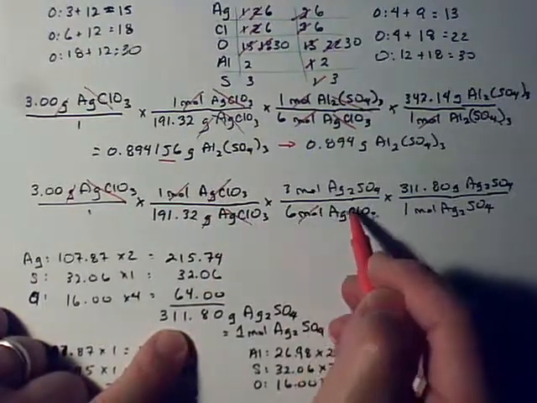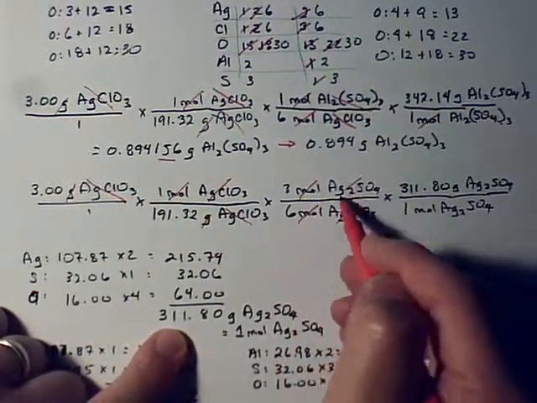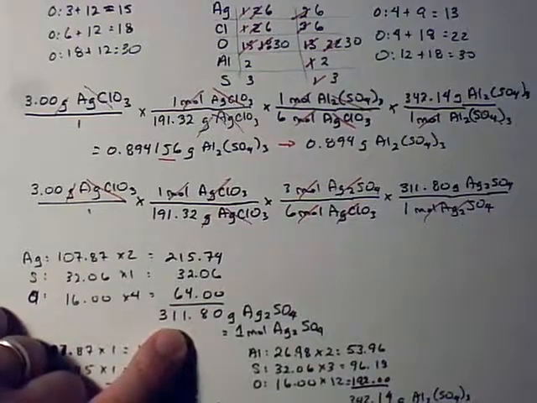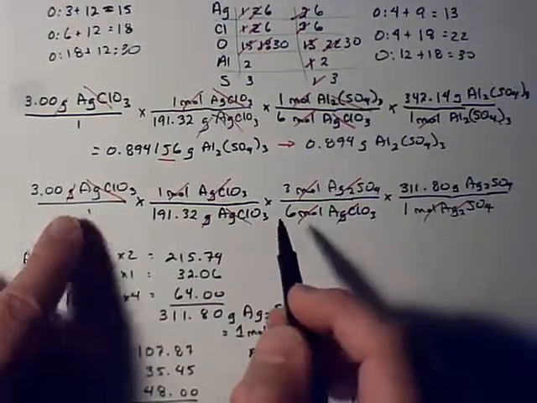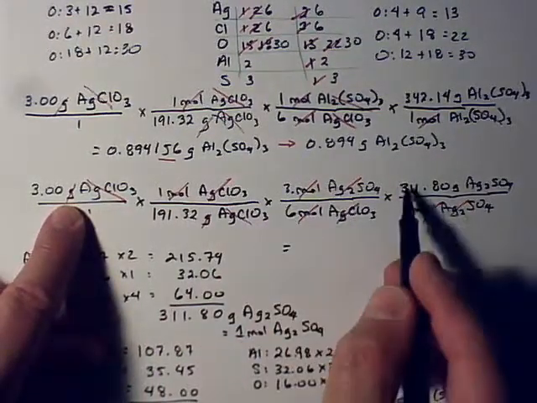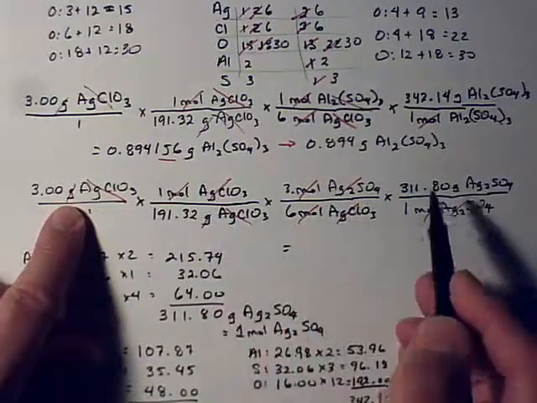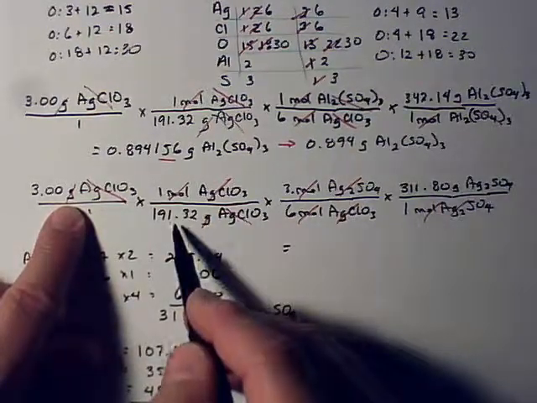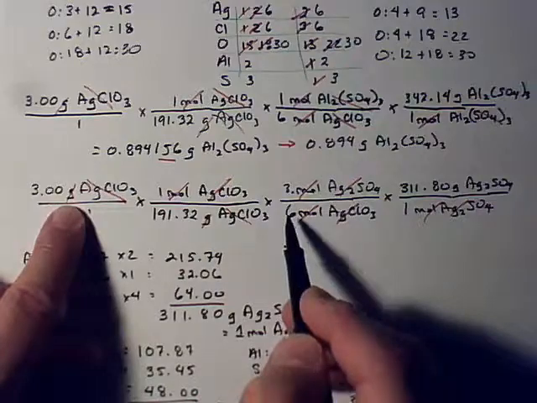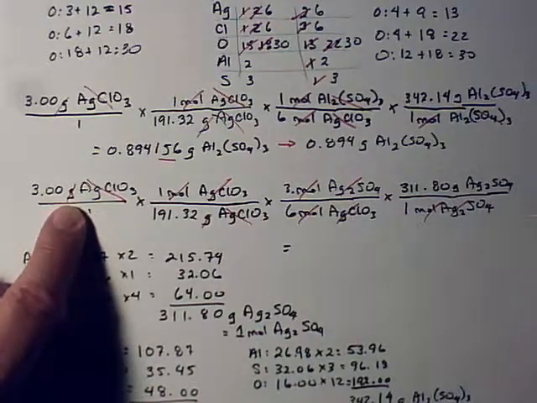Cancel moles of silver chlorate and moles of silver sulfate, and do the math. This times that, then divide, hit enter or equals, then divide by this, then hit enter or equals and divide by this, and hit enter to get a final answer.